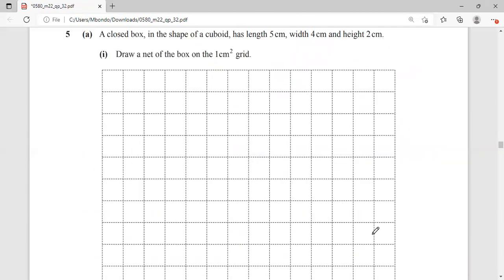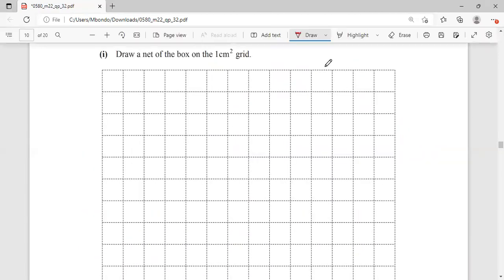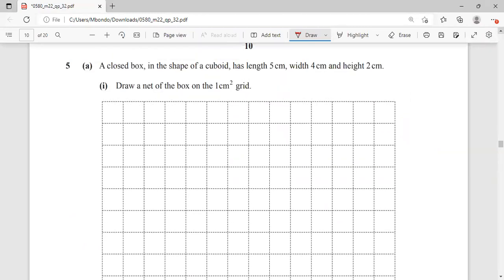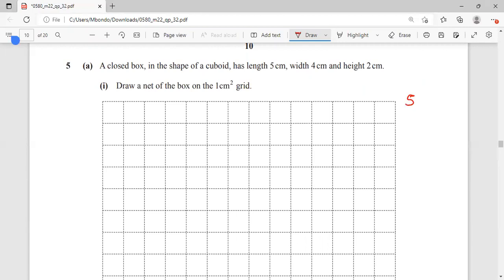Okay, then we have another question here that says a closed box in the shape of a cuboid has the length, okay, that's very important, has the length 5 centimeters, width, or 5 centimeters length, then width is what?